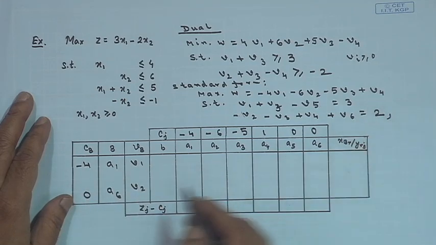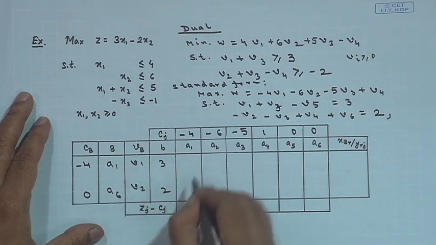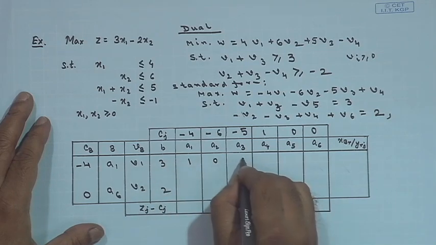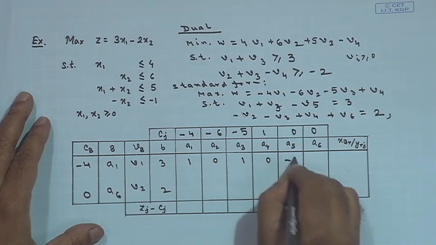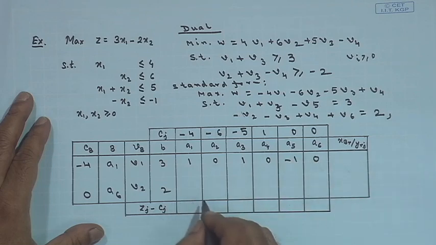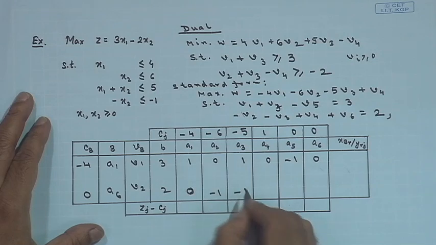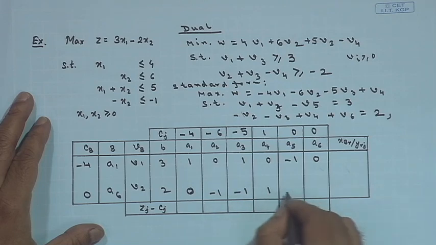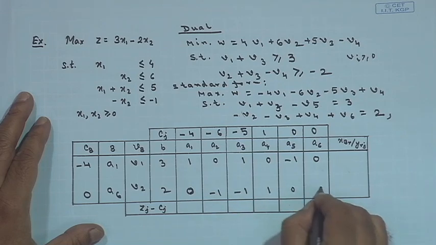B values are 3 and 2. Now write the rows, similar to what we have done earlier: 1 0 minus 1 0, and 3 2 is there, this is 0 minus 1 minus 1 1 0 1.